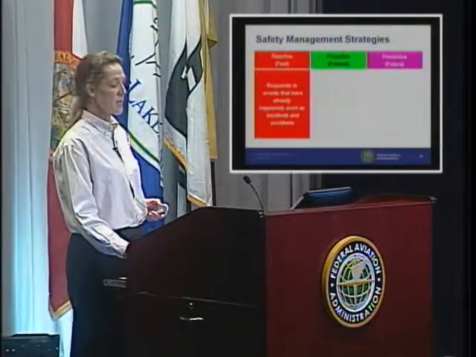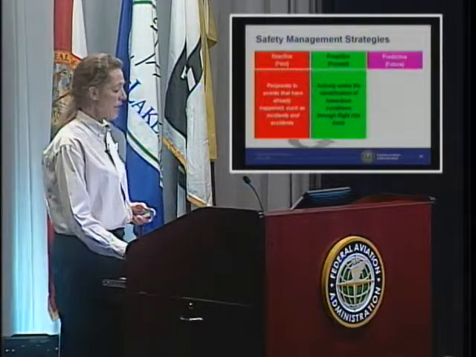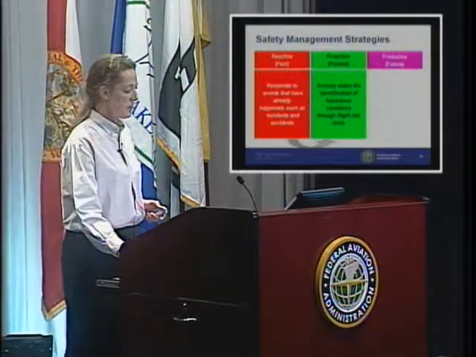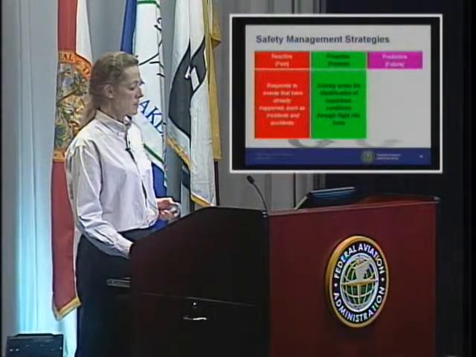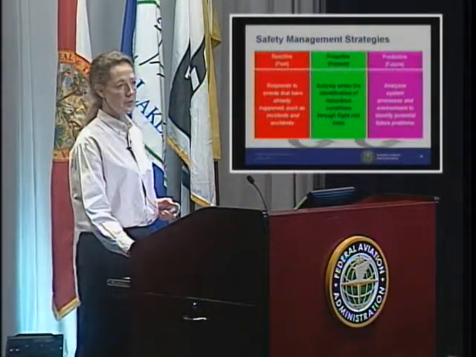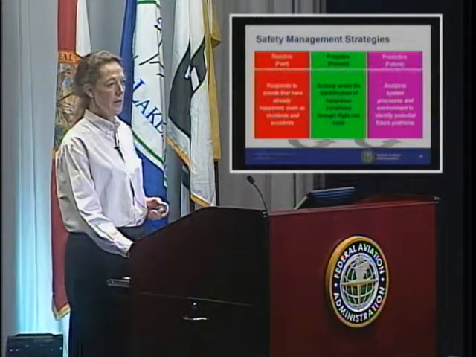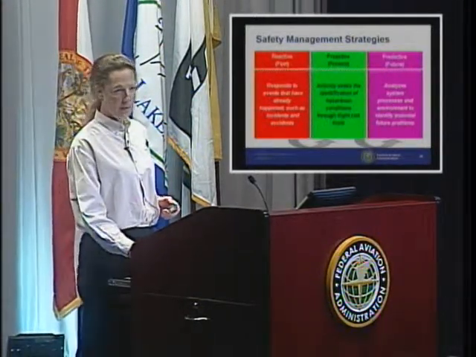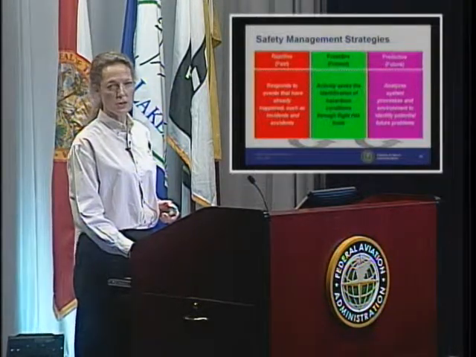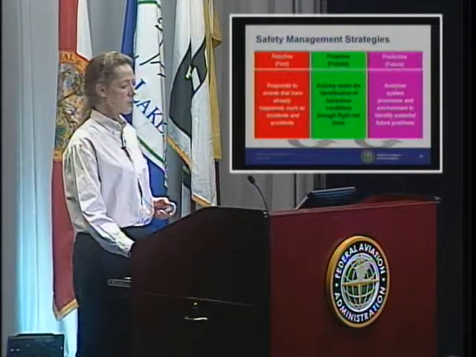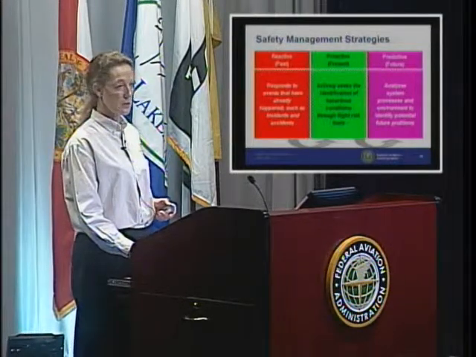You take that information and actively identify hazardous conditions through the flight risk tool. You can take that information a step further and infer how that might affect your operation in the future through predictive analysis.